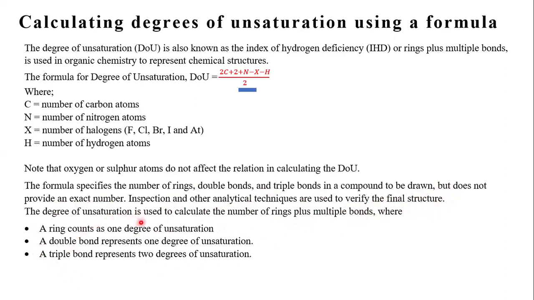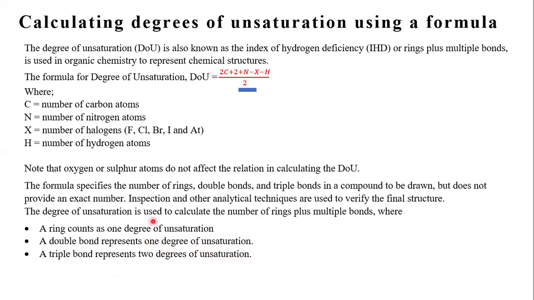The degree of unsaturation is used to calculate the number of rings plus multiple bonds, where a ring counts as 1 degree of unsaturation. A double bond represents 1 degree of unsaturation. A triple bond represents 2 degrees of unsaturation.